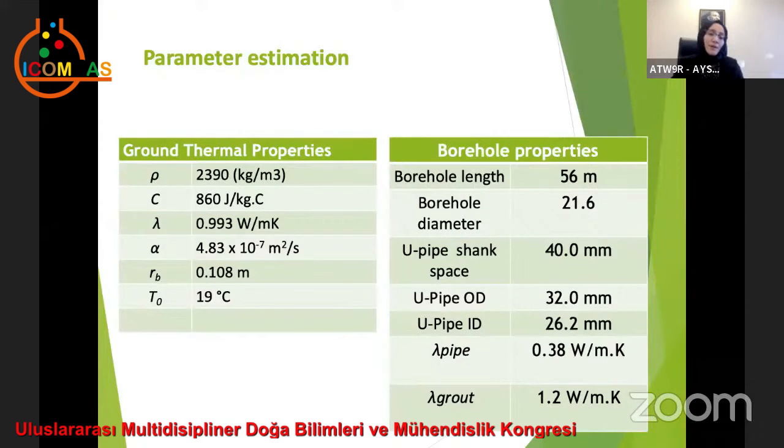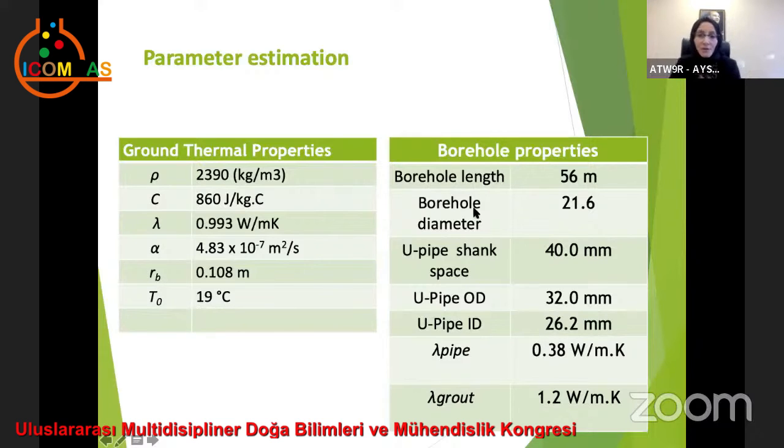And to run some analytical modeling, we need to estimate the parameters. And our ground thermal properties are from the literature based on our local geology. And we have the density and specific heat capacity and thermal conductivity and the thermal diffusivity, and the borehole and the piping radius and the underground temperature.